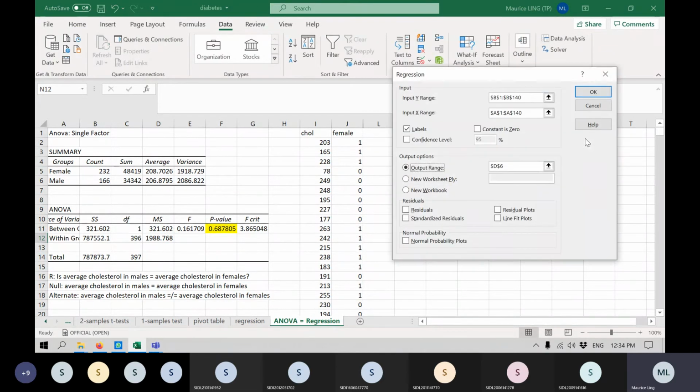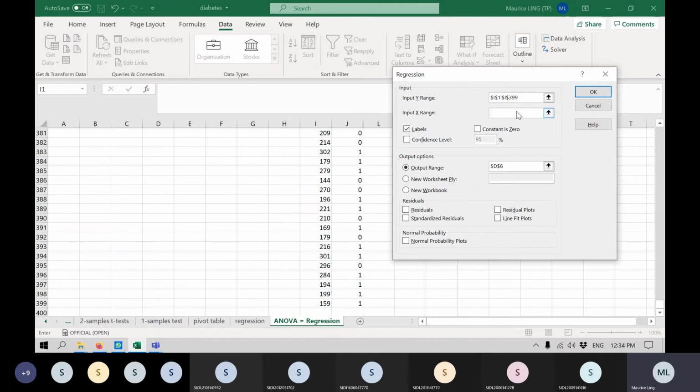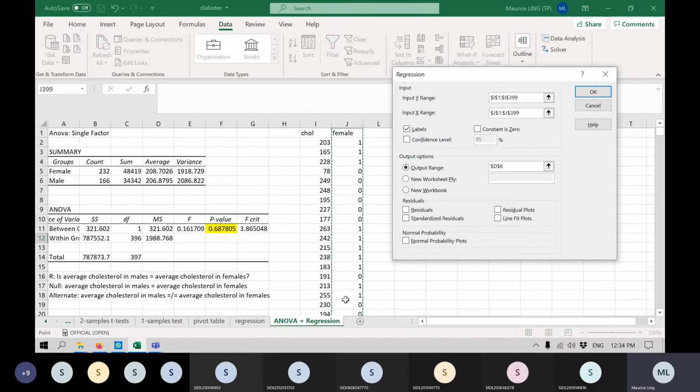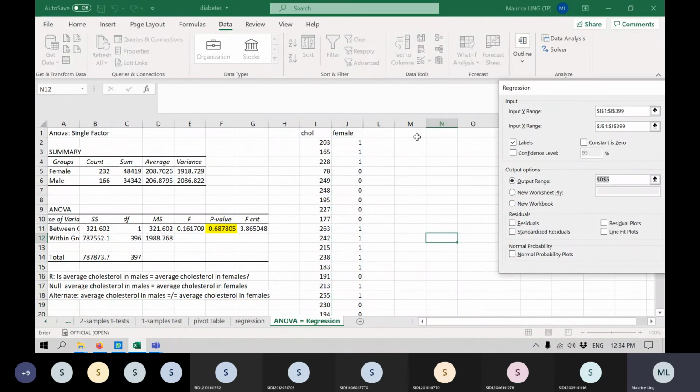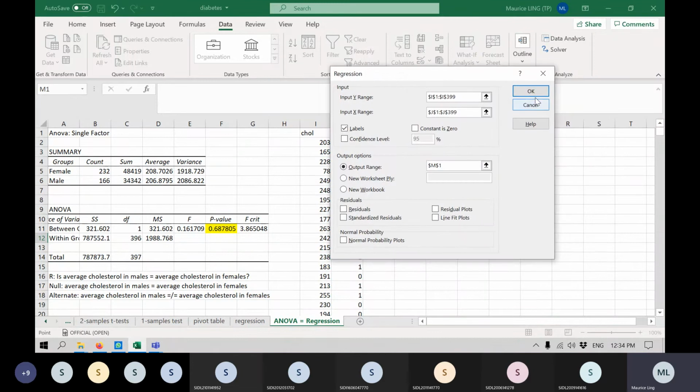For my Y range, I use cholesterol. Hopefully I get this right because I seldom do this myself. And for my X range, I use the gender. I put my data labels, and my output I put in M0. Okay, I click OK.